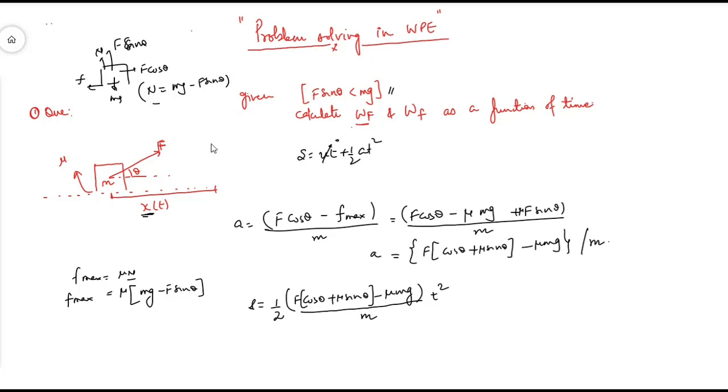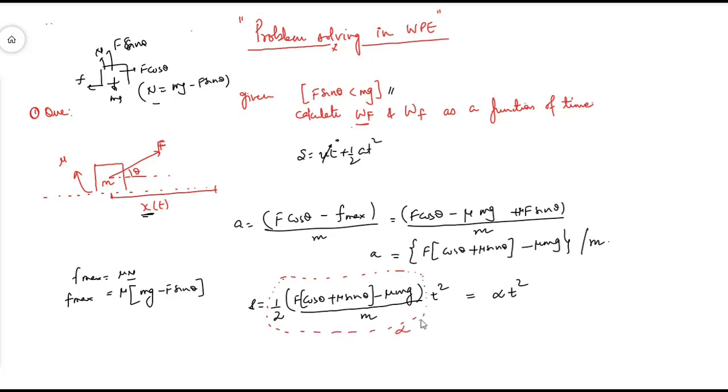Now I just have to take the dot product of the corresponding forces, so I'm going to take this whole thing as constant. F cos theta plus nu sine theta minus nu mg by m is constant, so I'm going to write it as just alpha t square. So the alpha is this whole value, which is constant. I'm just going to keep it alpha.